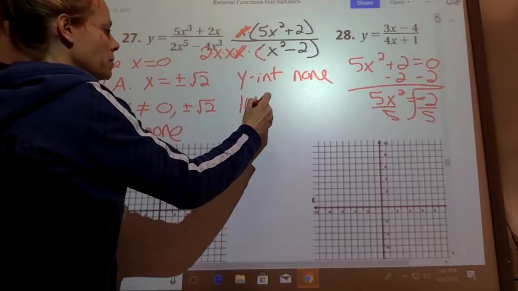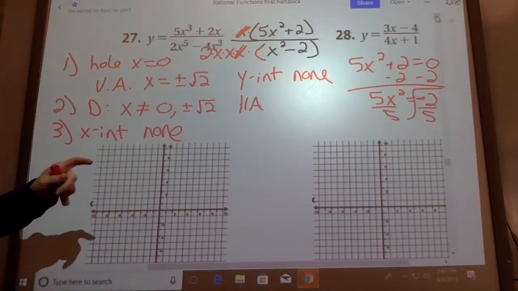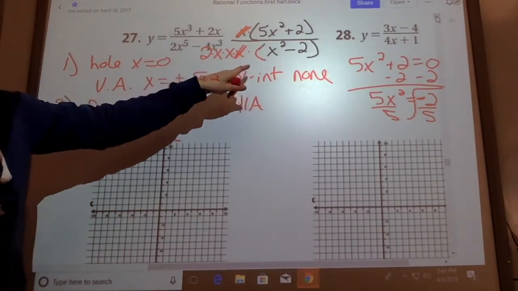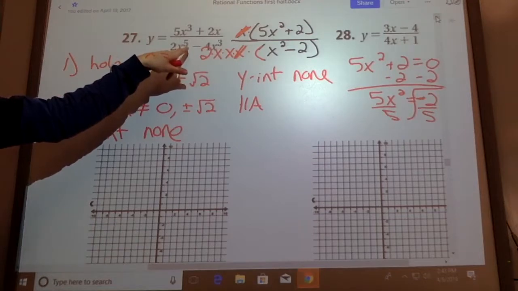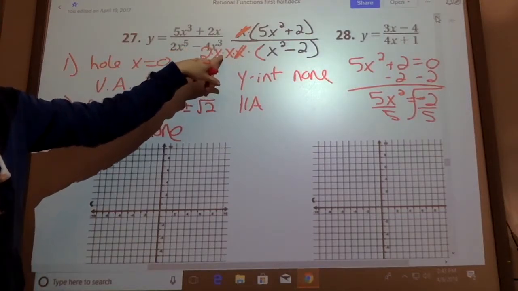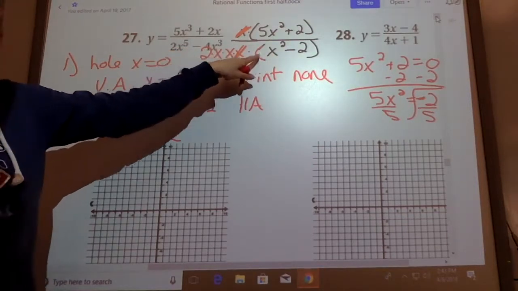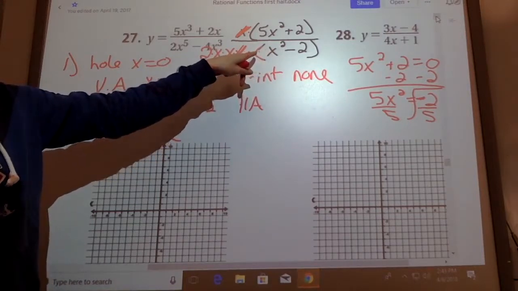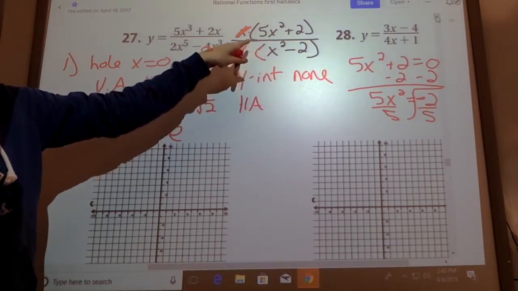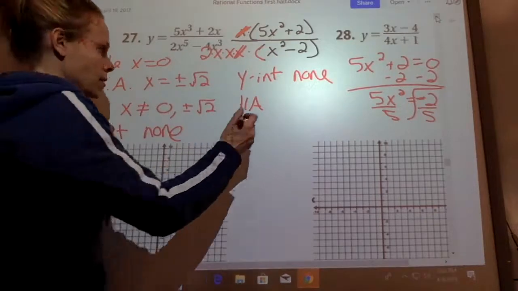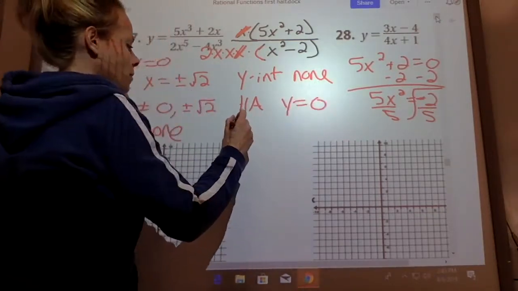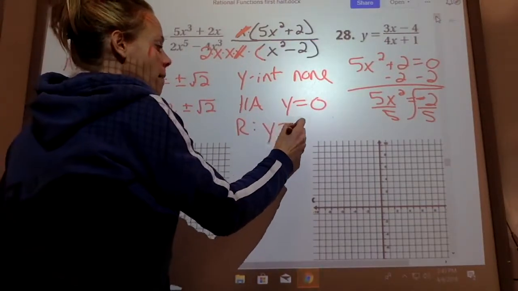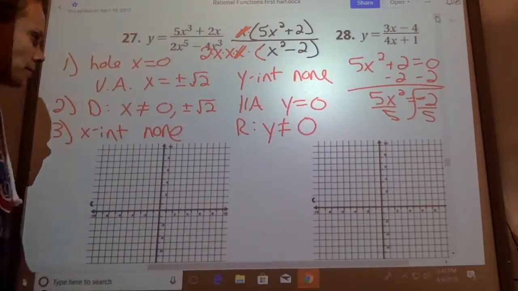Horizontal asymptote would be what? Let's look here. The bottom is bigger because even though I factored out these two x's, this is still an x to the 4th power on the bottom. The bottom is still bigger. So bigger on bottom, 0. Therefore, my range: y cannot be 0.